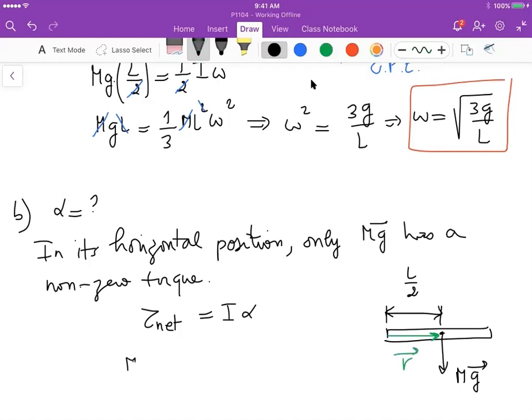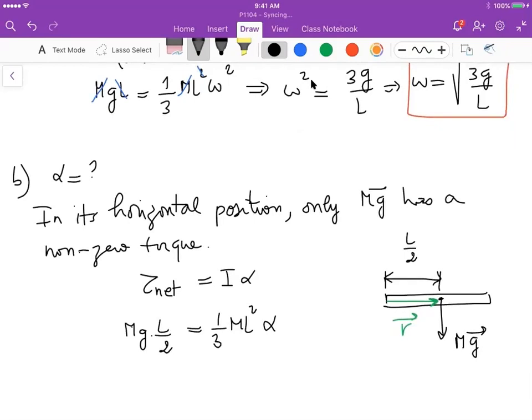So we can write down m times g times L/2, as the lever arm or the perpendicular distance between the axis of rotation and the point of application of the mg force, is equal to 1/3 times m L squared multiplied by alpha, right?